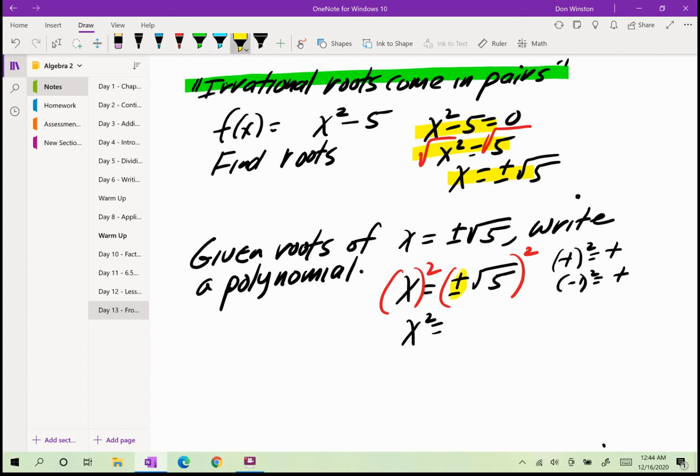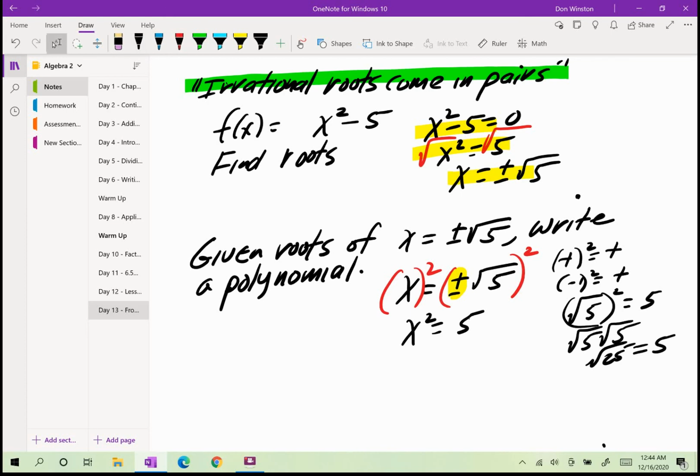So this here, this just becomes positive. But then the square root of 5 squared, that's just equal to 5. Or the square root of 5 squared is equal to the square root of 5 times the square root of 5, which is equal to the square root of 25, which is just 5. So this will equal 5 then.